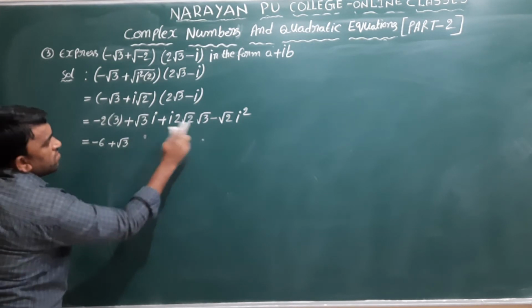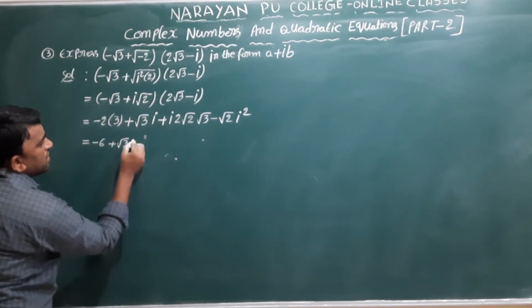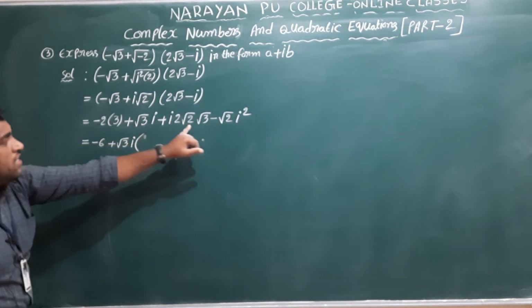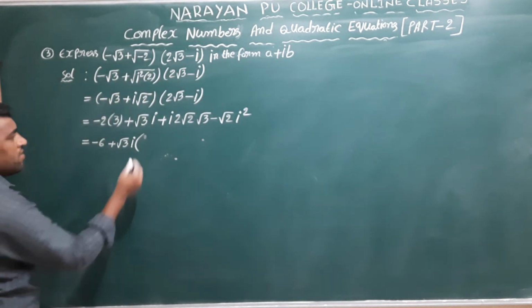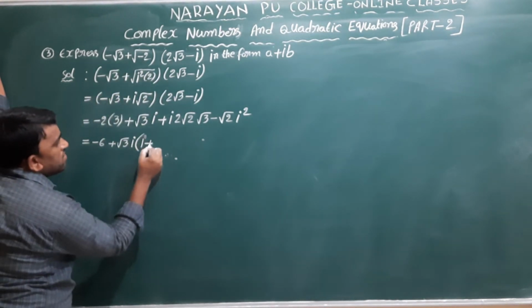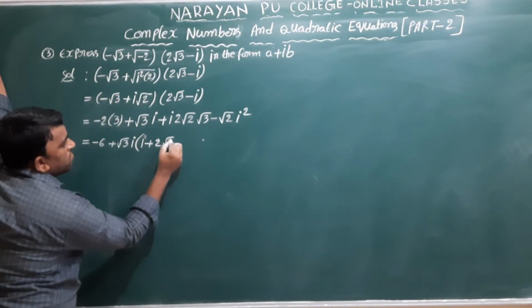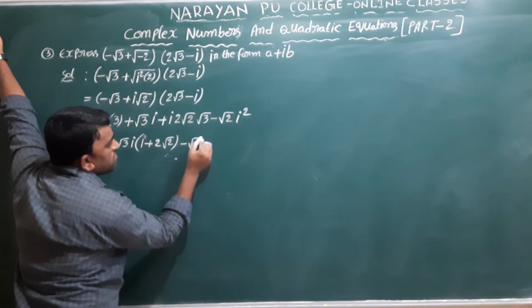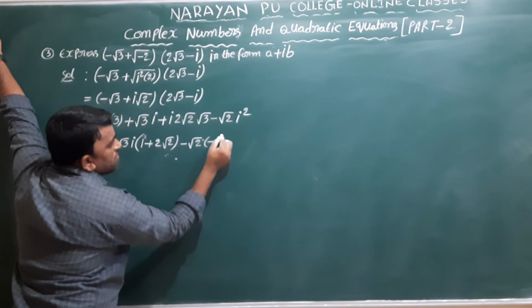Otherwise from these two directly I will take root 3i common, because here root 3i is there, here root 3i is there. I will take common 1 plus 2 root 2. So i square value is minus 1, minus root 2 into minus 1.